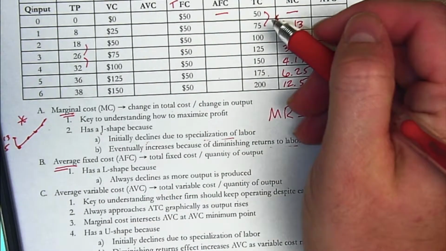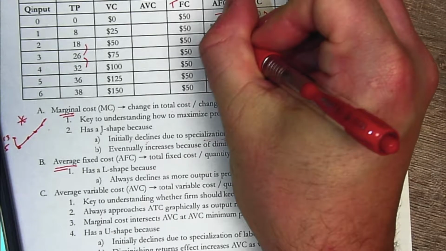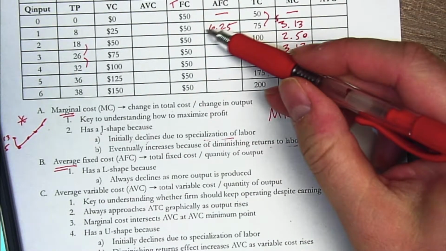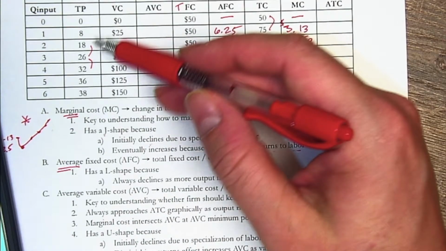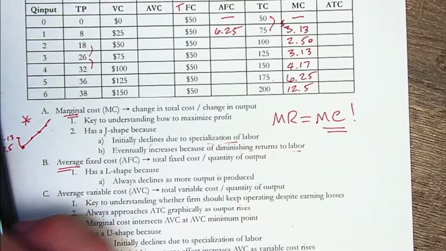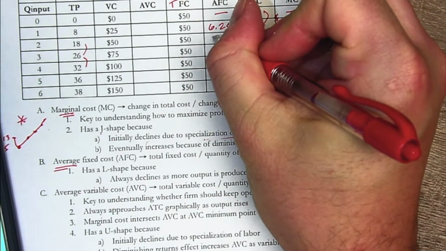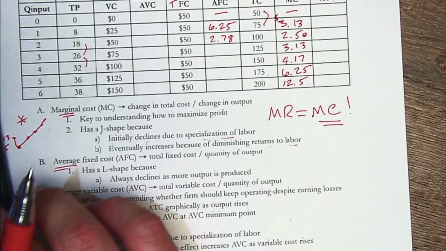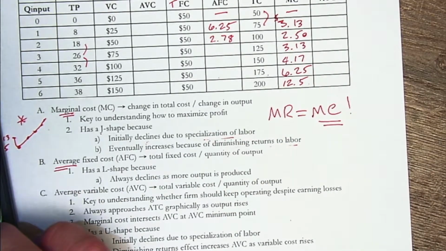So what's the average fixed cost of units at 8? That's $6.25. That's how much we can spread out this fixed cost over those 8 units. Now let's divide it by a total of 18. Now it's $2.78. And now divide by 26.